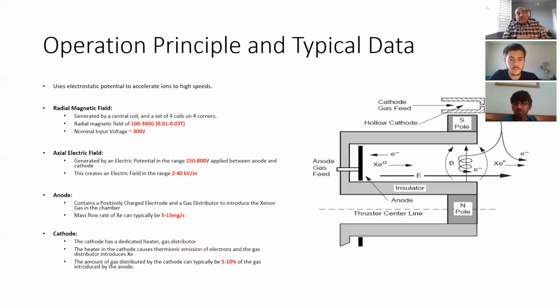One question I have is whether this gas distribution is also designed for cooling, or whether it doesn't have any cooling function for the anode? For the anode, yes. There are different types of Hall thrusters.